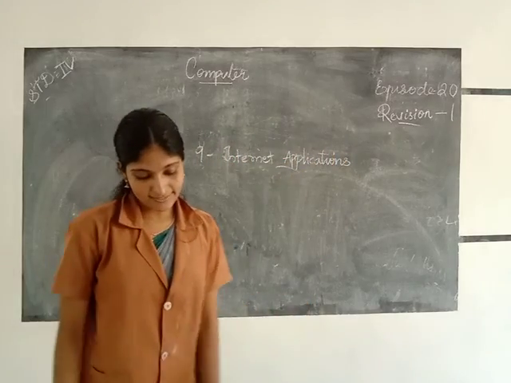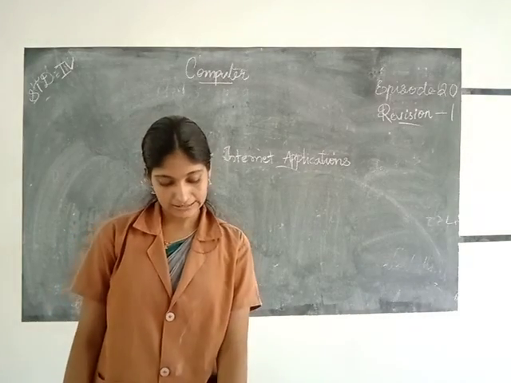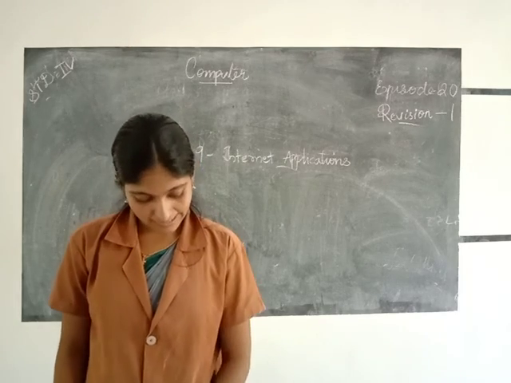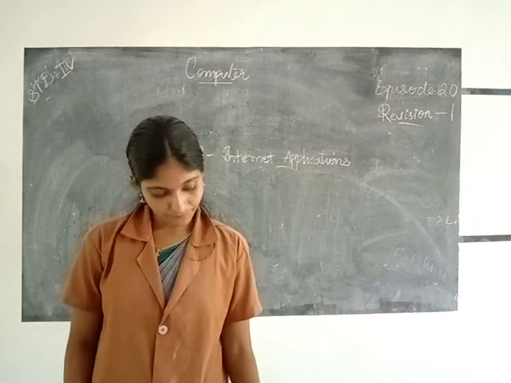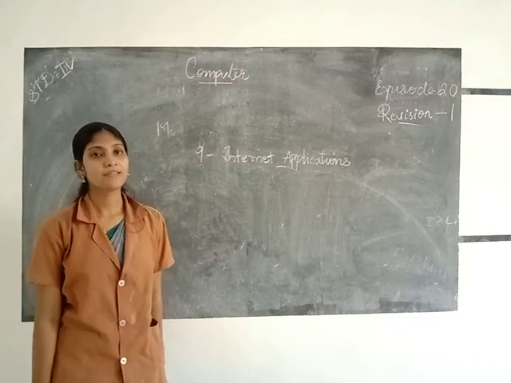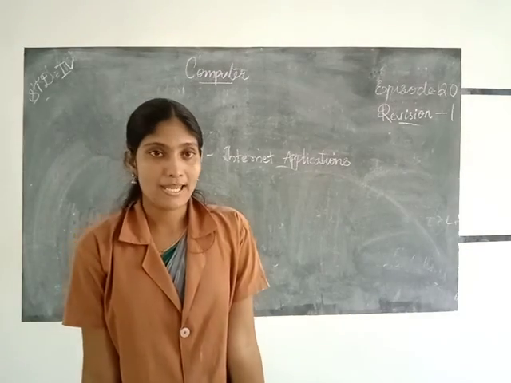Okay, so in this chapter, the internet consists of three things: WWW, World Wide Web, email, and chatting. So first one, website. Website is the term which is the collection of web pages.